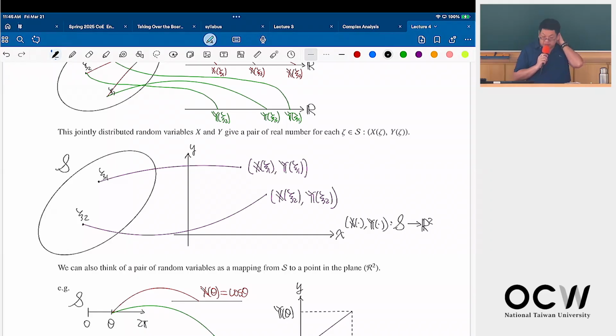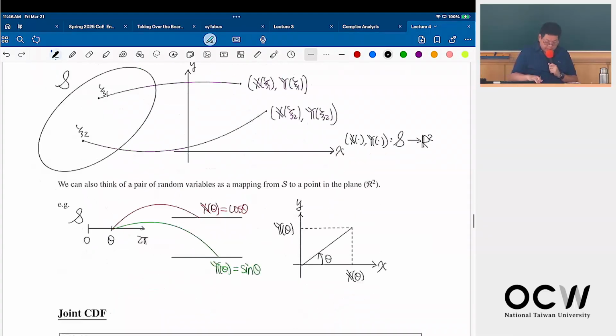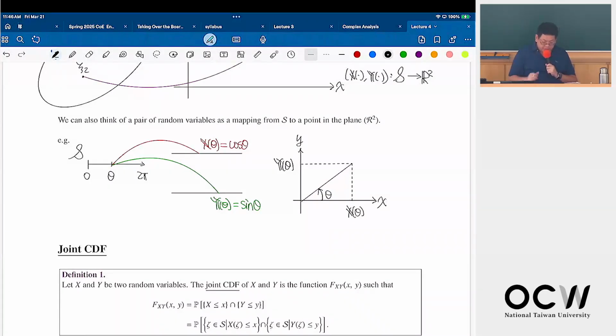Now we have two random variables. Of course, we are interested in what their CDF or PDF are. Here is a definition for their CDF, and for this CDF, we call it the joint CDF. X and Y are two random variables.